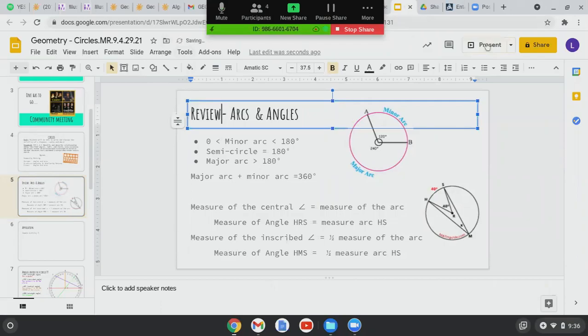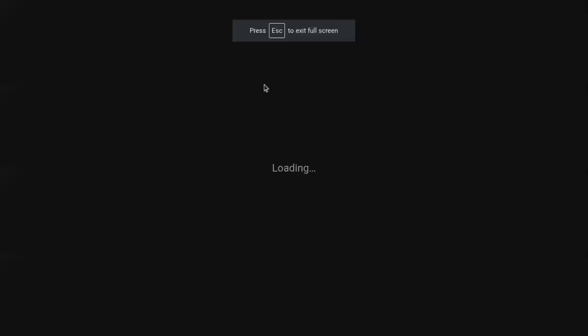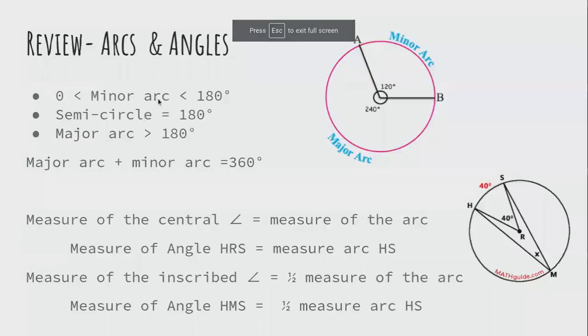All right, so remember, minor arcs are greater than 0 but less than 180 degrees. And here, our minor arc, remember, between the 2 points A and B looking to your right is 120 degrees.